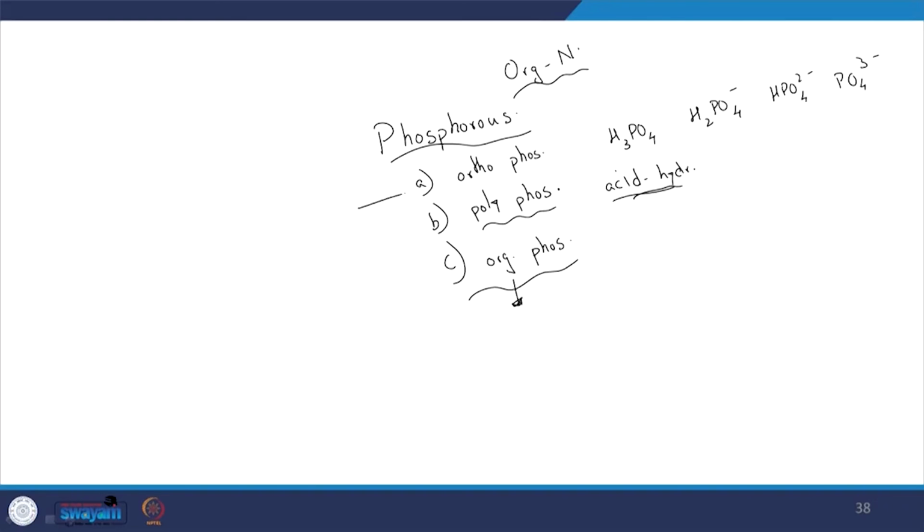Typically we are concerned with orthophosphates, because they are readily consumed or assimilated by the relevant microbes, but organic phosphates not really. So, they can persist in the sludge too. That is something to keep in mind.